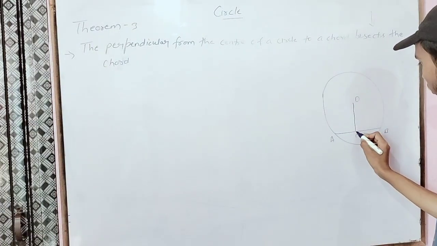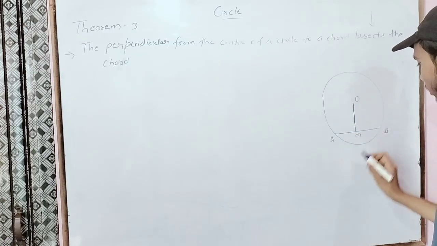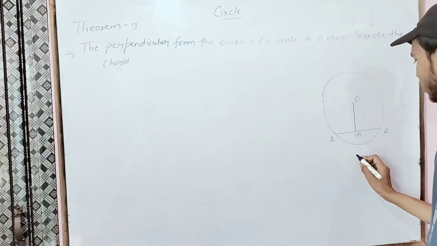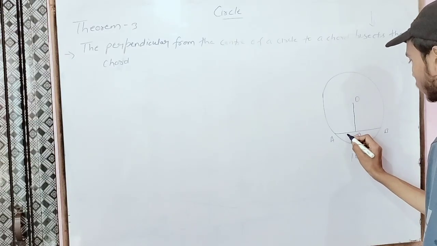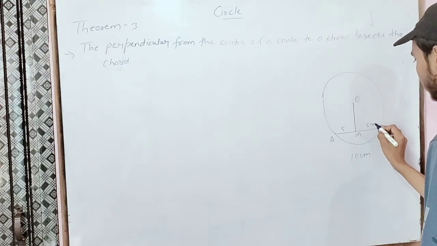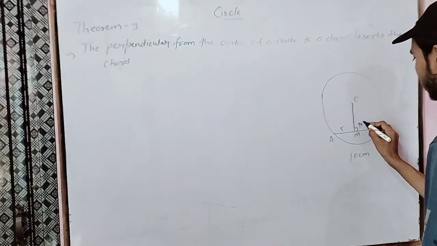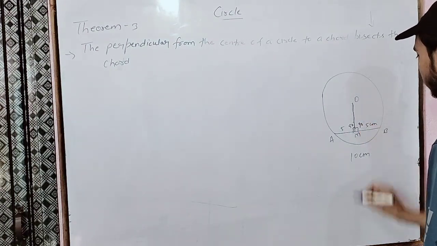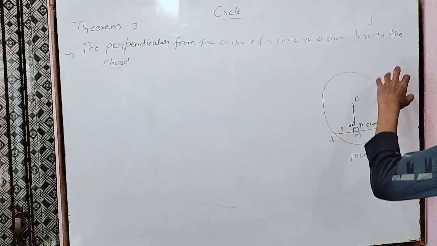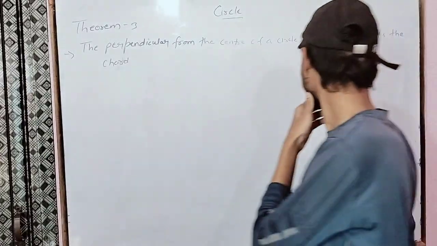So let's say the measure of this chord is 10 centimeter. Then this will be 5 centimeter and this will be 5 centimeter, and you know that this is 90 degrees.